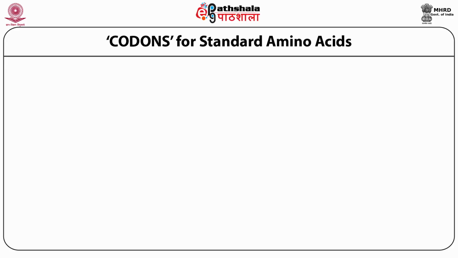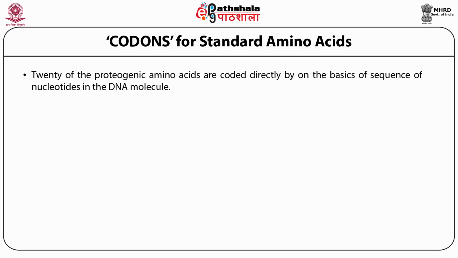Now I want to link your amino acids to your genetic information. Codons for standard amino acids are dependent on the nucleotide sequence on our DNA molecule and code amino acids on our proteins. 20 of the proteogenic amino acids are coded directly on the basis of the sequence of nucleotides in the DNA molecule.